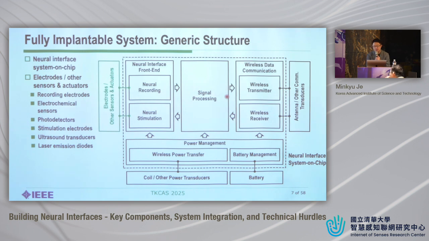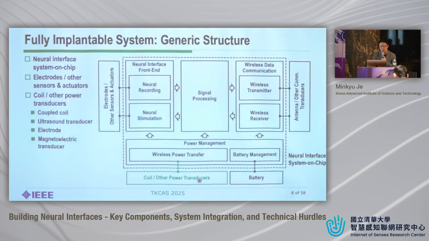But together with this system on chip, we obviously need electrodes and other sensors and actuators like recording electrodes, electrochemical sensors, photodetectors, and stimulation electrodes. Sometimes we also use ultrasound transducers or laser emission diodes, right?